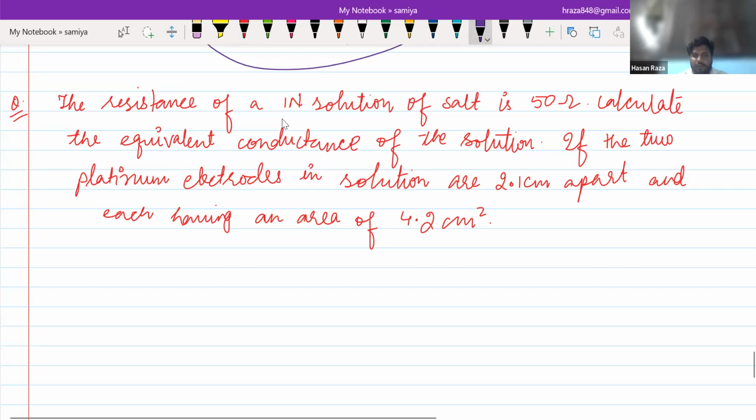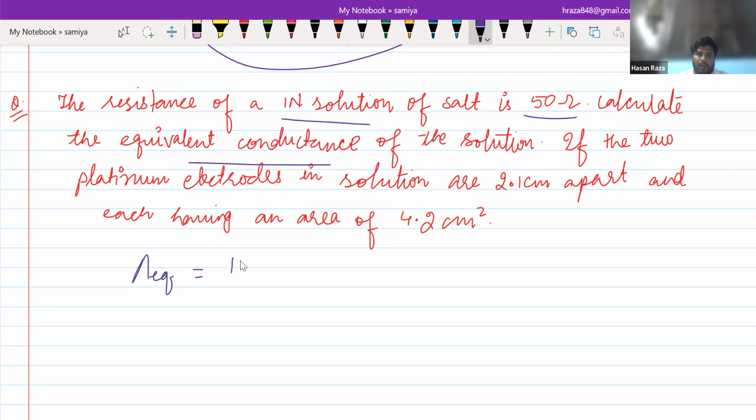The resistance of a one normality solution of salt is 50 ohm. Calculate equivalent conductance. Equivalent conductance has a formula that is kappa into 1000 upon N. Normality is given, and kappa, the specific conductance, is not given.